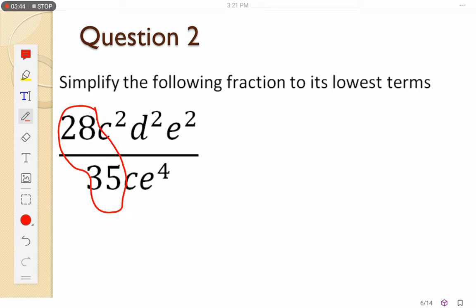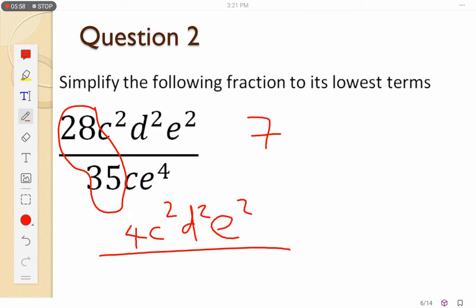So I can find the number that can go into 28 and 35. I've got 7. 7 can go into 28 4 times, so I have 4. c squared, d squared, e squared over 7 into 35, I have 5, c e to the power of 4. Okay, that's what I have now.